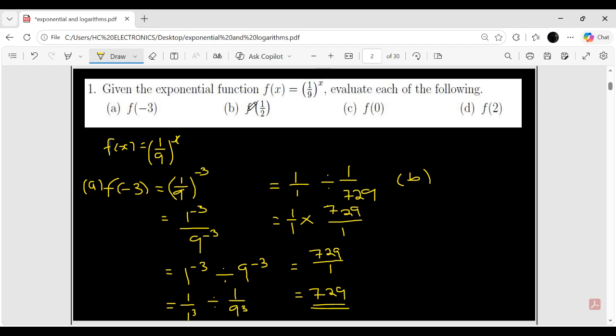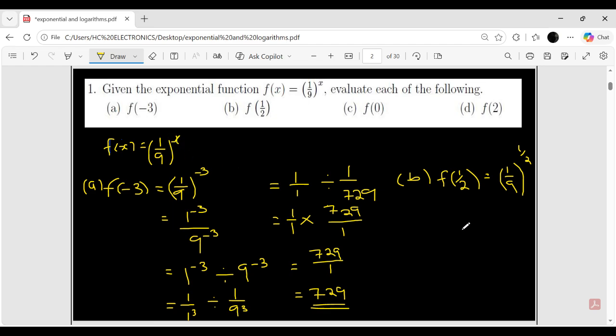For us to solve this one, since they've said it's f of half, f of half is equal to, the function is 1 over 9. Then where there was x in the brackets, we've replaced it with half, so here we are going to do the same thing. We're going to put half as the power in the place of x.